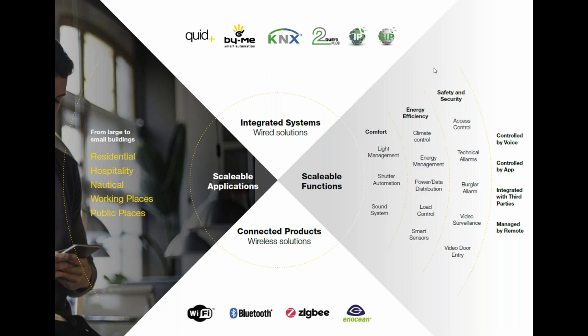Then also a wireless solution like the one we are talking about today, using the Bluetooth and Zigbee protocols, but also in conjunction with Wi-Fi for the connection to the cloud. And as well, we also have other products in our catalogs.